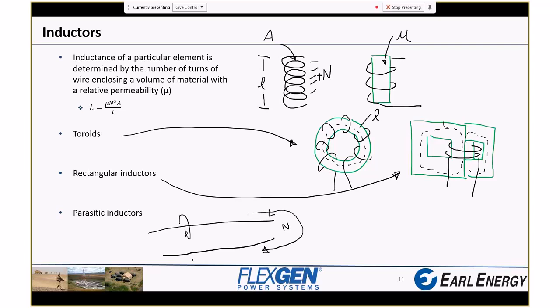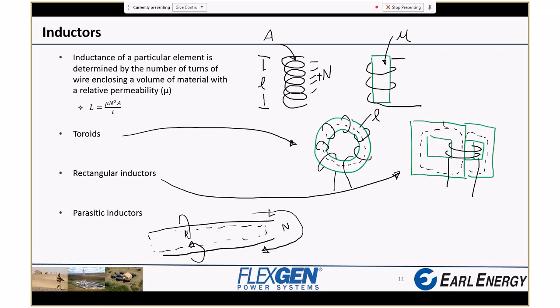Well, this guy generates a magnetic field too. And there you see between them, the magnetic fields interact, and they create basically a one-turn inductor, except the area enclosed by the inductor is all of this business.